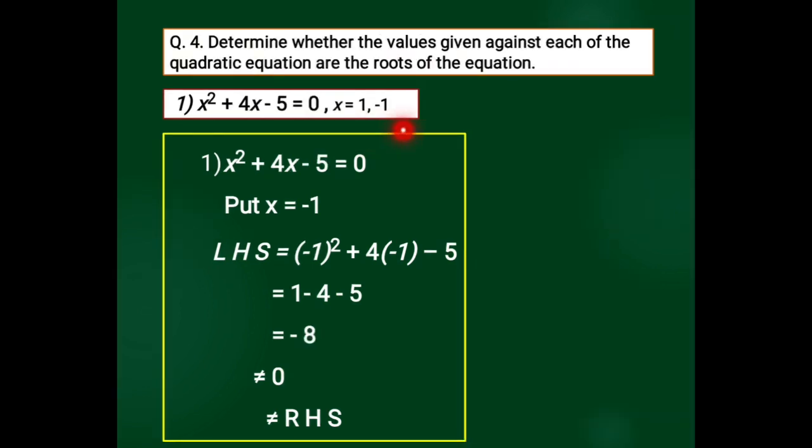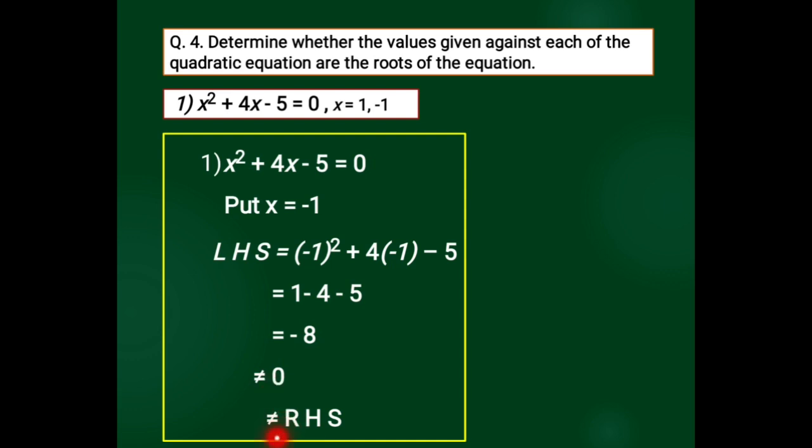See the second value. The second value is x equals minus 1. So we substitute x equals minus 1 in LHS. In place of x we replace minus 1. So minus 1 square is plus 1, 4 into minus 1 is minus 4, and minus 5 as it is. So 1 minus 9, which gives minus 8, which is not equal to 0, and RHS is 0.